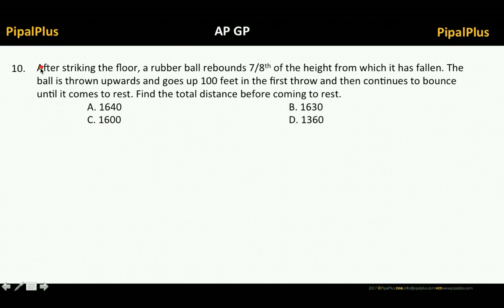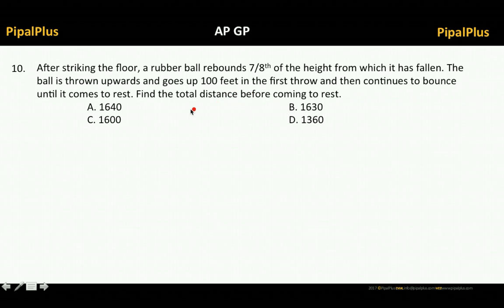Right, now this is an interesting question. It says that after striking the floor, a rubber ball rebounds 7/8 of the height from which it has fallen. Now how this bouncing business starts is that this ball is thrown upwards, and the first time round it goes up 100 feet, right? So we need to find out the sum of all the distances that this ball has traveled.